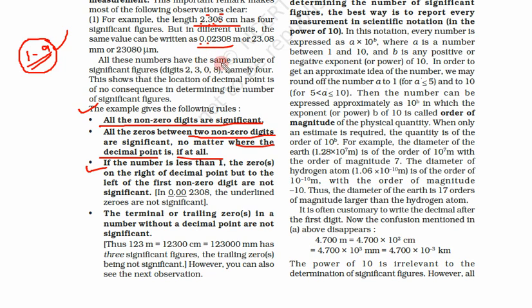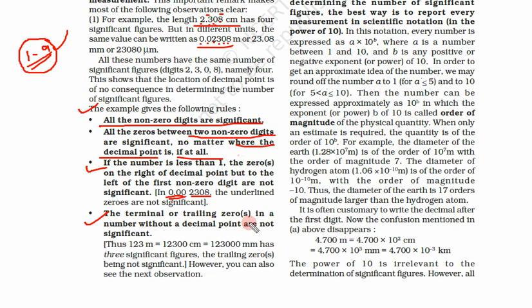As we see in this figure, these zeros right of the decimal but before the first non-zero digit are not significant. Like in 0.002308, the underlined zeros are not significant. These zeros are after the decimal, but they come before any non-zero number, so they are not significant. Again, the significant digits are 1, 2, 3, 4.